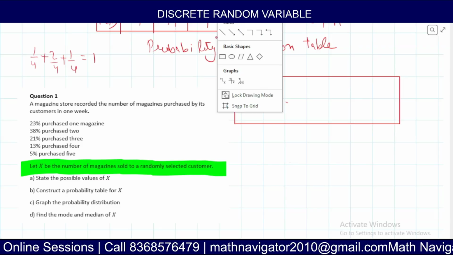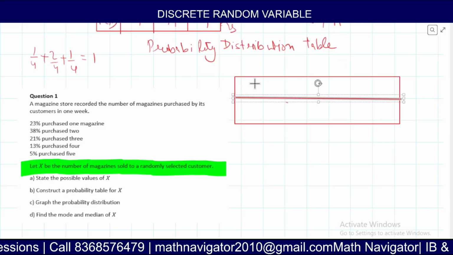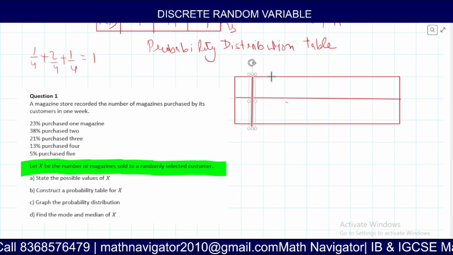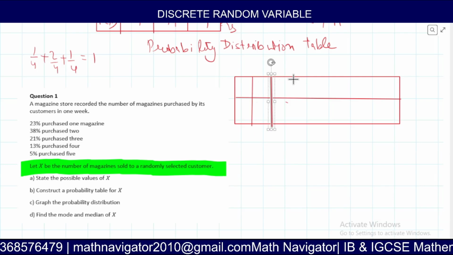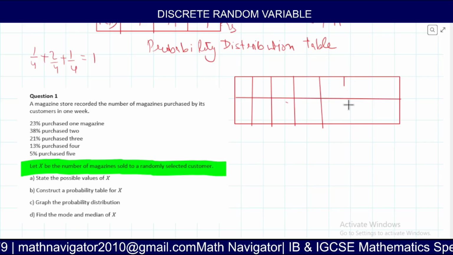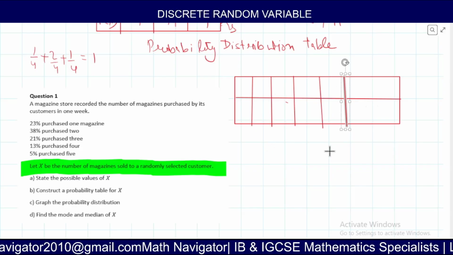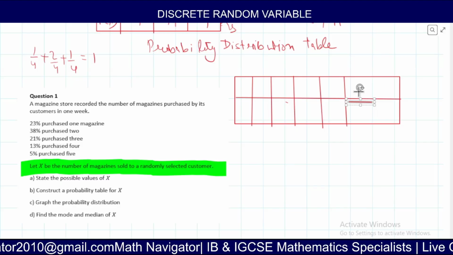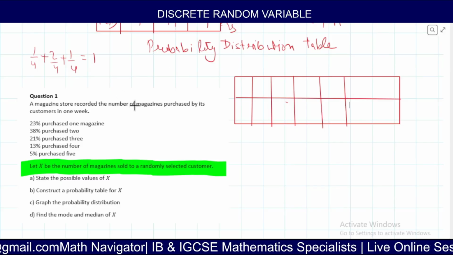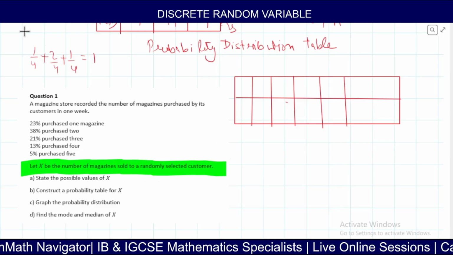Let's make it 1, 1, and 5. So x, state the possible values of x.